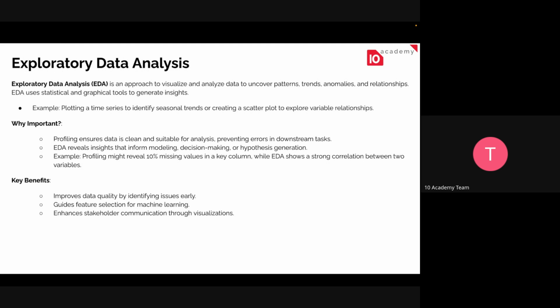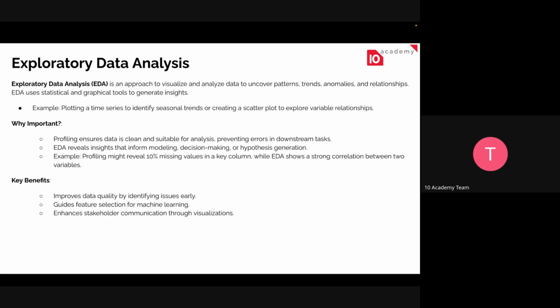Scatter plots also help us to see the relationships, and heat maps will help us see the relationships between two or more values or columns. So why is it important? Profiling, the earlier one that we saw, ensures that the data is clean and suitable for analysis, which prevents errors downstream.